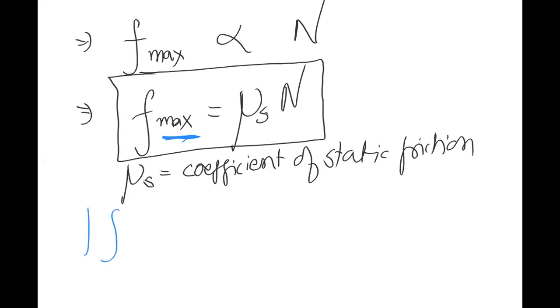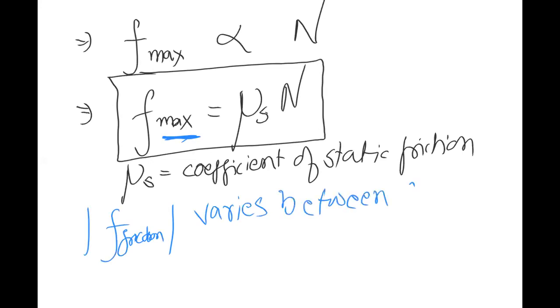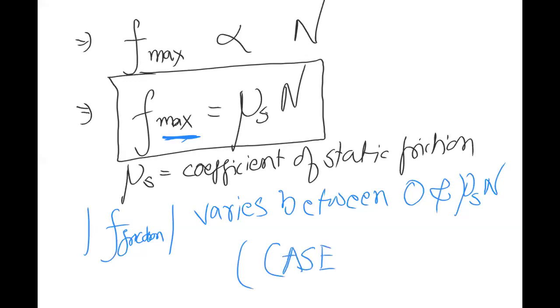So the magnitude of the friction force can vary between 0 and mu N. And again, I will write here case 1, scenario 1. केवल इसी के लिए applicable है ये. Okay, right?